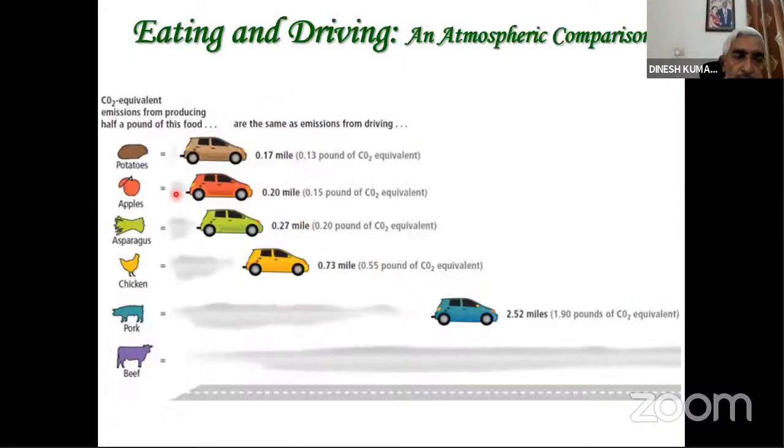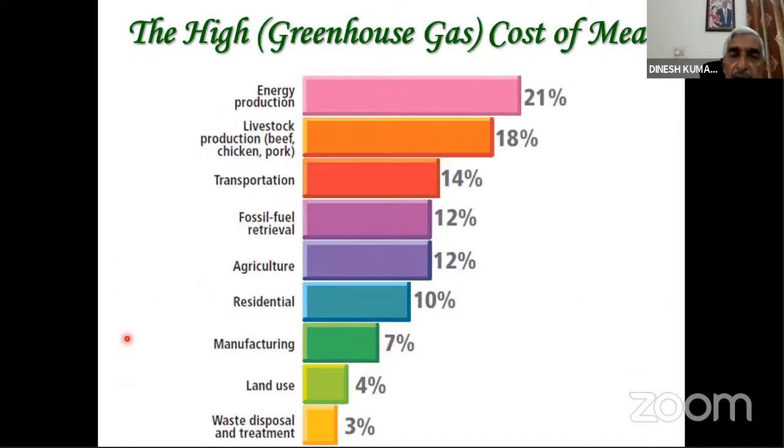You can imagine, if you grow 1 pound of potato, it means 0.17 miles of car running in CO2 emission, 1 pound of apple 0.2 miles, and pork and beef more than 2.52 miles of car running. So you can imagine the greenhouse gases coming from cattle farming. You can see here, livestock production is 18%, next to energy production, but more than the transportation sector.